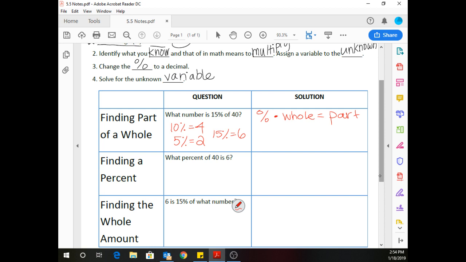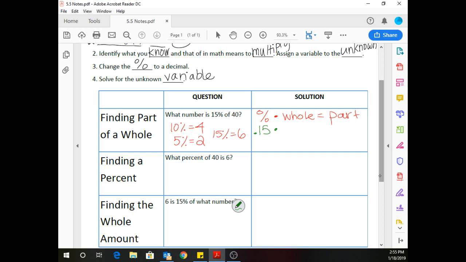In this situation, it says, what number is 15% of 40? So we know the percentage, and you always want to make the percentage a decimal. So I'm going to write the decimal 0.15 times. This is where it gets tricky. You have to figure out, do you know the whole or do you know the part? Typically, whatever comes after the word "of" is the whole.